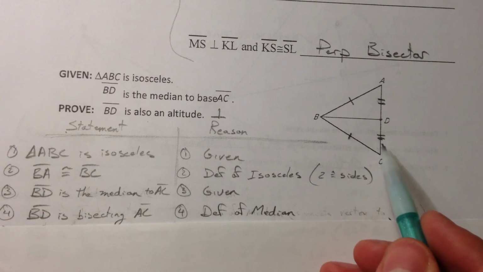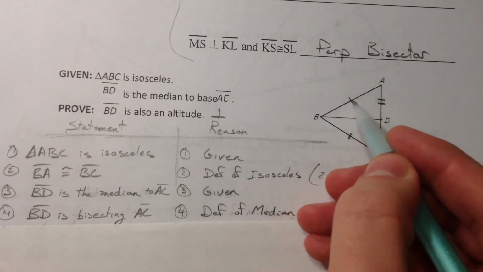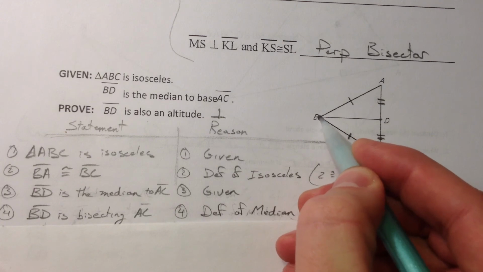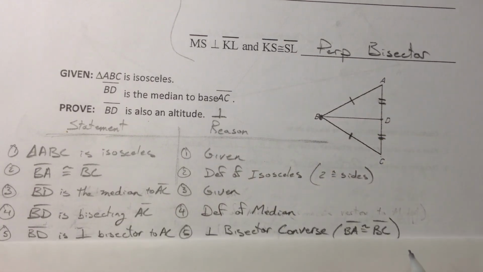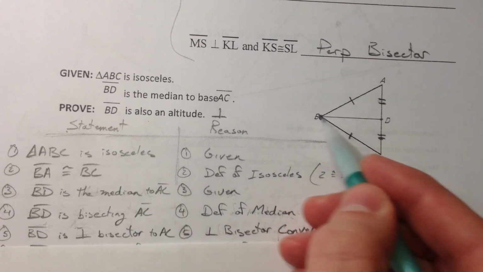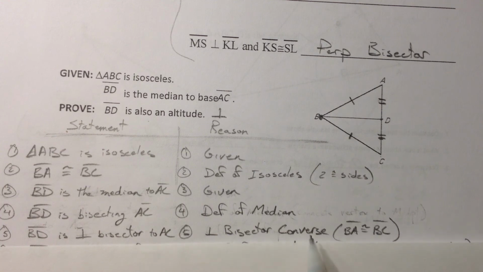What makes it extra special is because B is equidistant from A and from C, we know it's got to be on the perpendicular bisector because B is the same distance. And that was the perpendicular bisector converse because we knew those two things were equidistant.